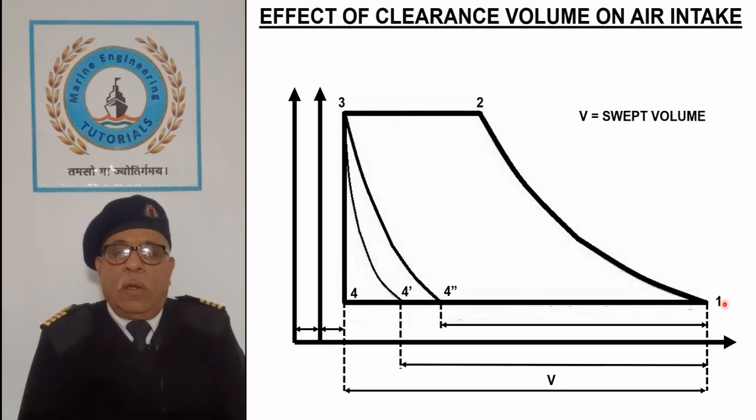Diagram 1, 2, 3, 4, 1 represents a theoretical compression cycle with no clearance volume.